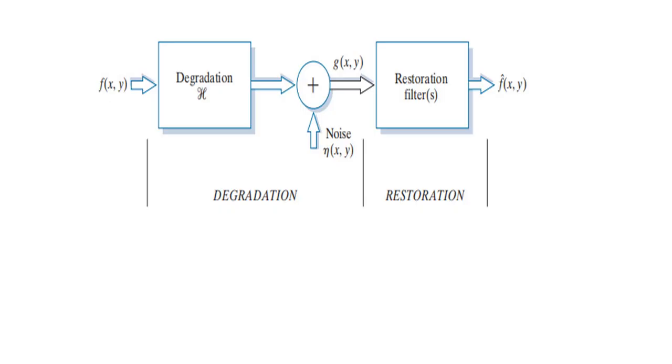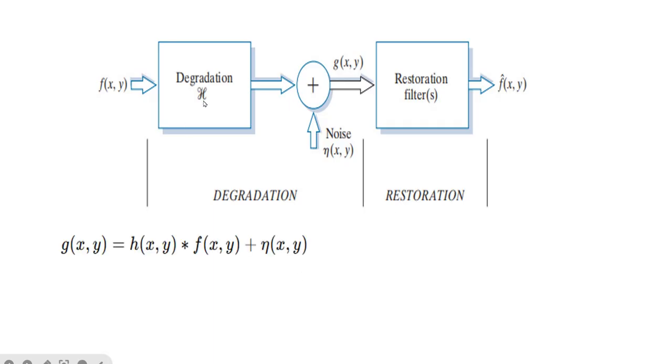Now we want to estimate this f cap of xy to be as close as possible to the original input image f of xy. So the more knowledge we have about the degradation function h and the additive noise nu, the closer these two will be, that is f cap of xy and f of xy. So this part is the degradation part, and this part is the restoration part.